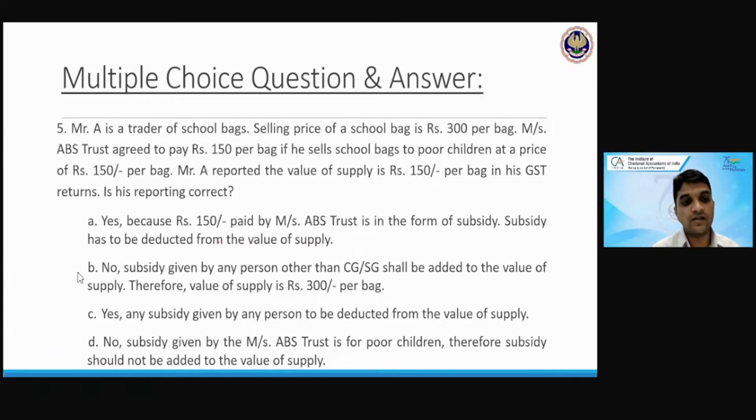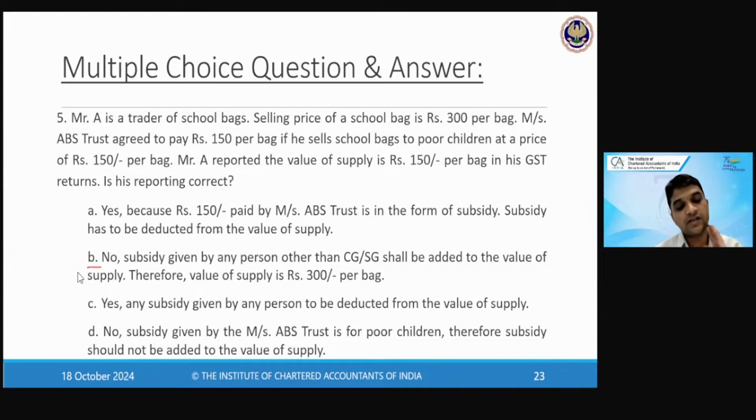Answer is B. No subsidy given by any person other than the central government has to be added. Therefore, the value is 300 rupees per bag. Okay.